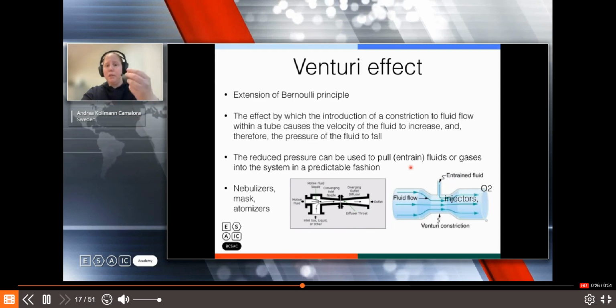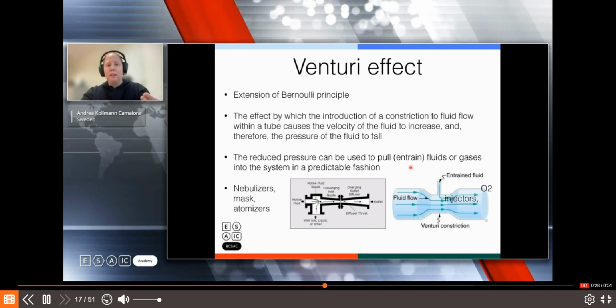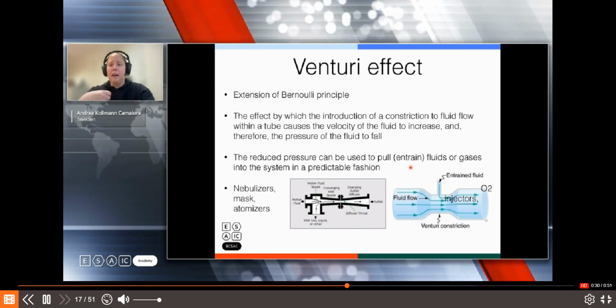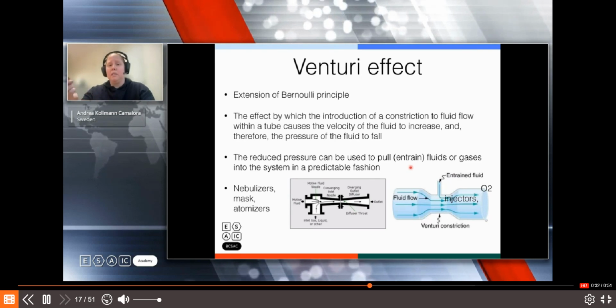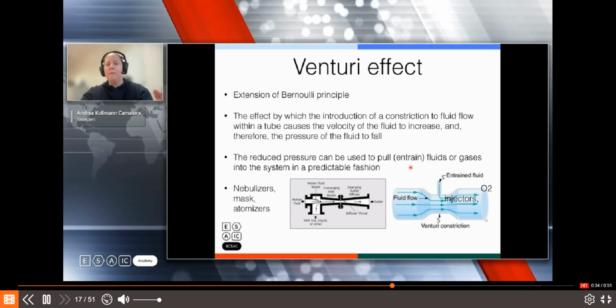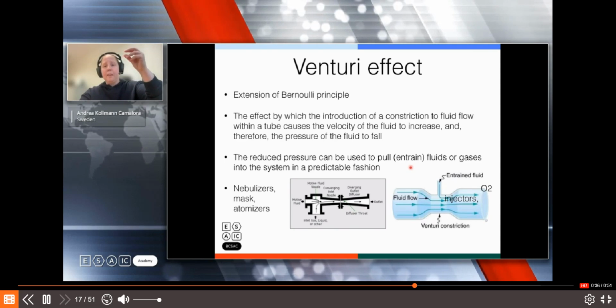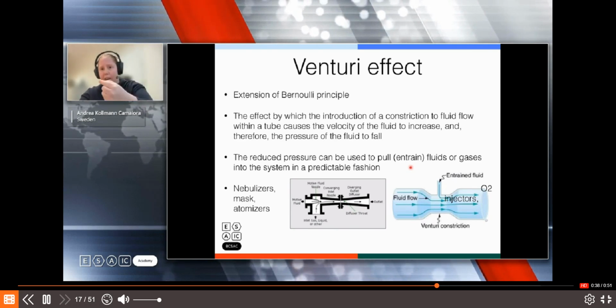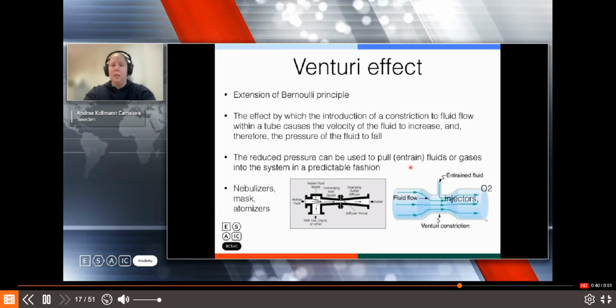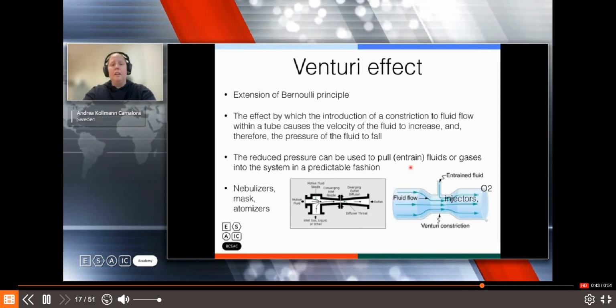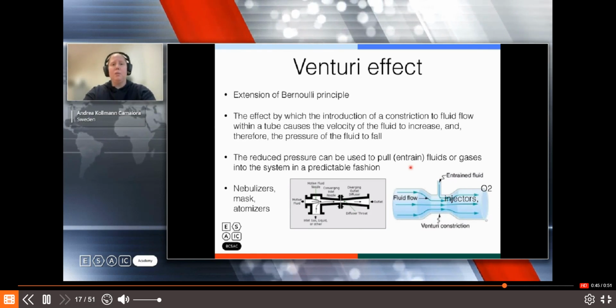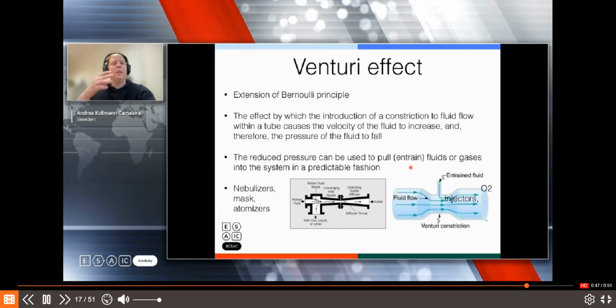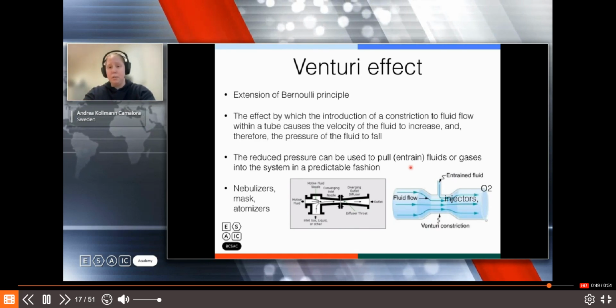You entrain whatever you want, fluid or gases, into the system. And this is exactly how nebulizers and atomizers work. You create a constriction, then the pressure drops and you can entrain things into the system. So in the exam, atomizers use the Venturi effect or the Bernoulli principle to work.